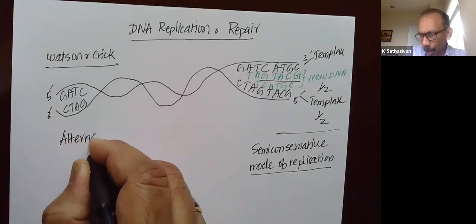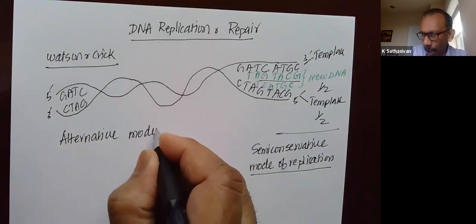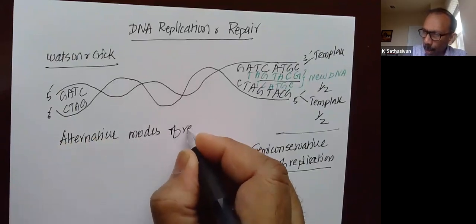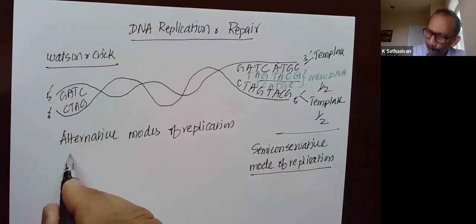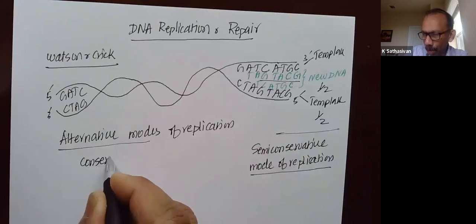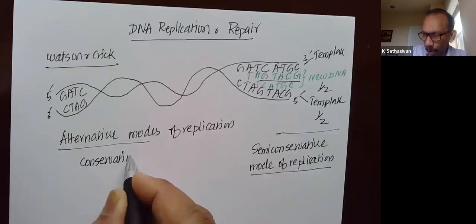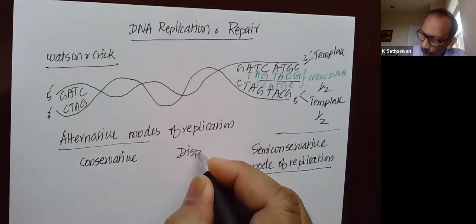Alternative hypotheses could be the conservative mode, which means both old strands stay together and both new strands are new, or the dispersive mode.